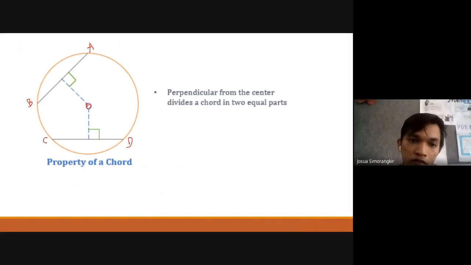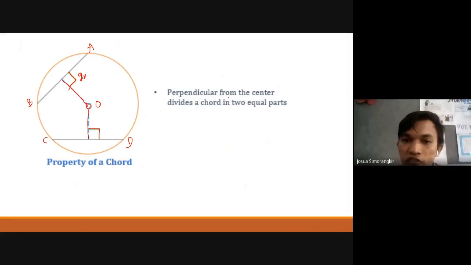If we draw a line from the center, let's say the center O, to this first chord, this new line will be perpendicular to the chord. Perpendicular means the angle is 90 degrees. Similarly, for another chord, if we draw a line from the center to the chord, it will be perpendicular to the chord.